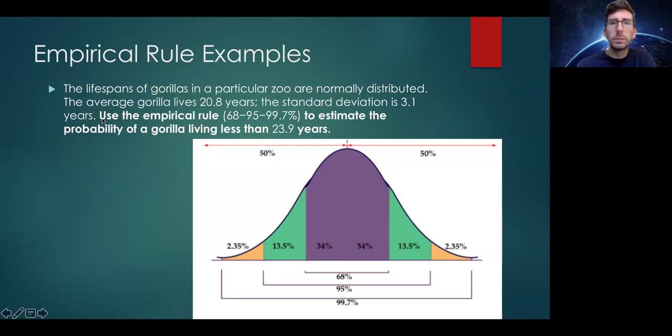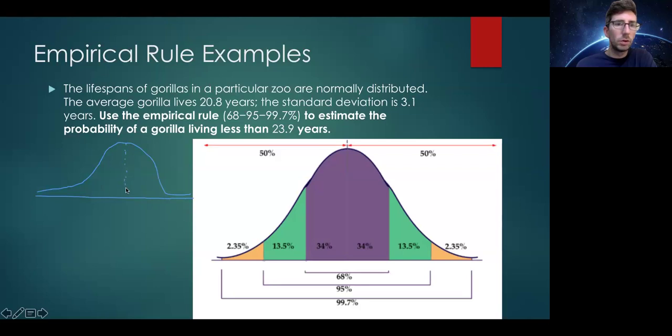And they want us to use the empirical rule to estimate the probability of a gorilla living less than 23.9 years. So, to solve this problem, what I recommend doing first is to draw your distribution. I know this looks really bad.